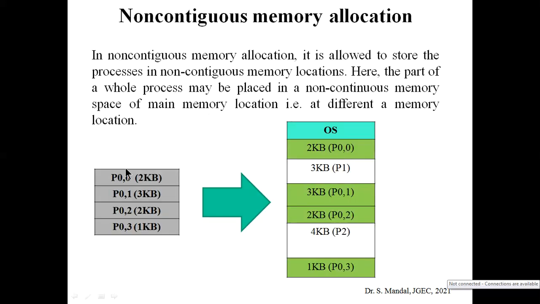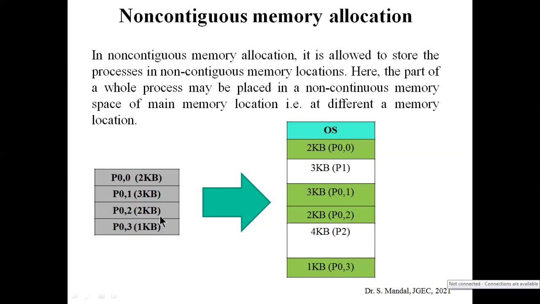You can see that here the process is divided into four parts, but the sizes are different: 2 kilobytes, 3 kilobytes, 2 kilobytes, 1 kilobyte. But if we use paging, suppose the size of this process is 8 kilobytes, you can divide it into four sub processes.